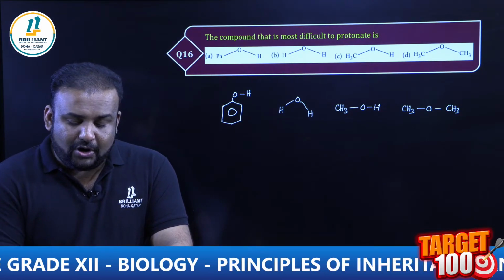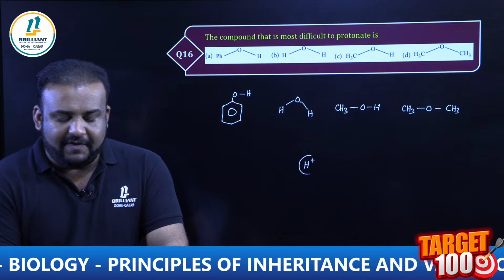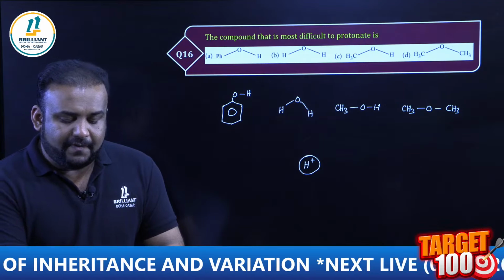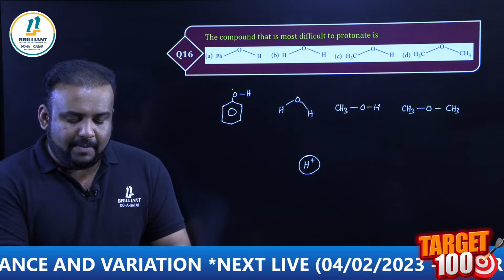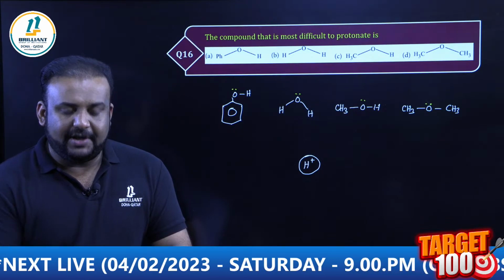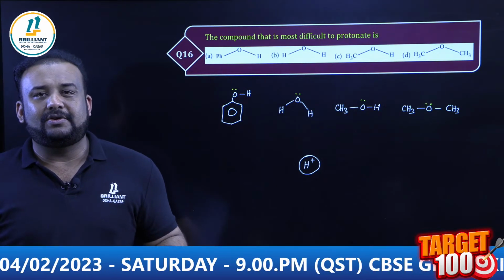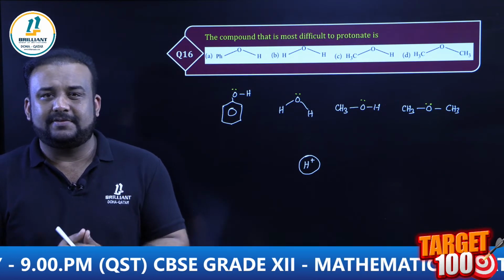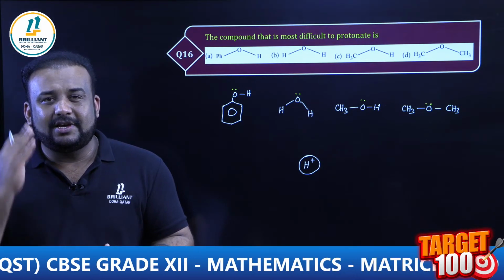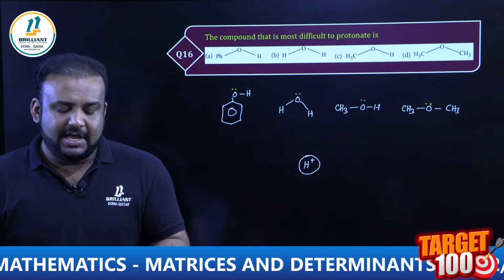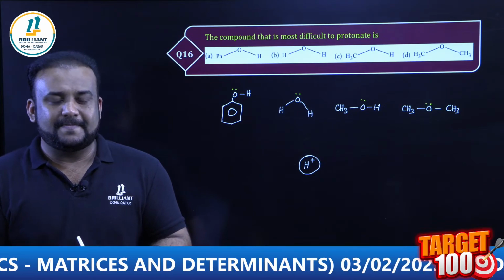Here, a proton's attack means if you give a proton in this mixture, what will the proton look for? The lone pairs on oxygen. You know that oxygen has lone pair of electrons. If those electrons are readily available, then that will undergo protonation faster, right? So think, who will have a difficulty in undergoing protonation?